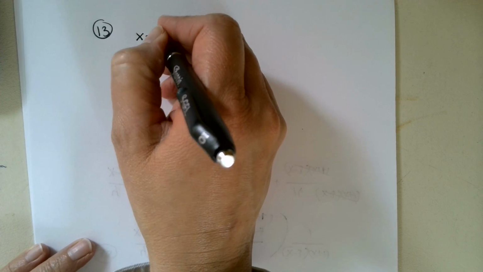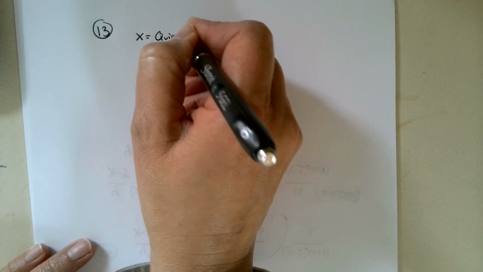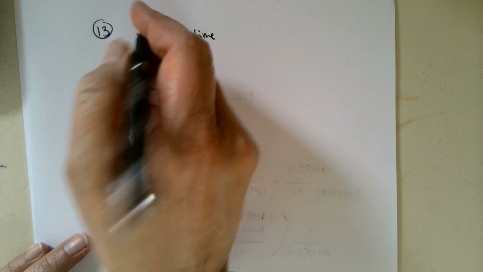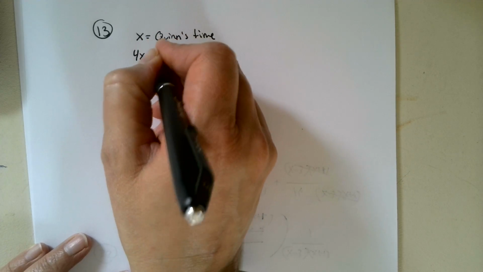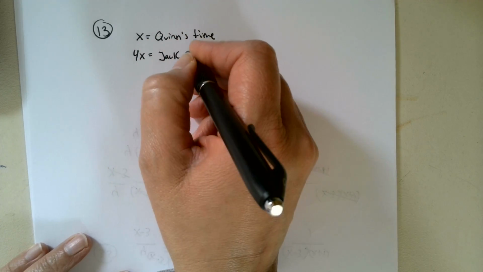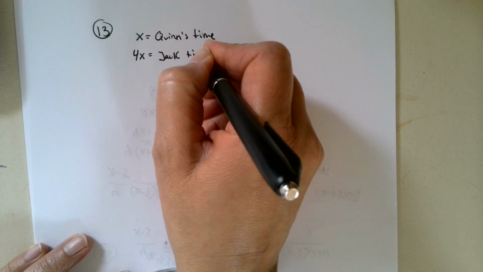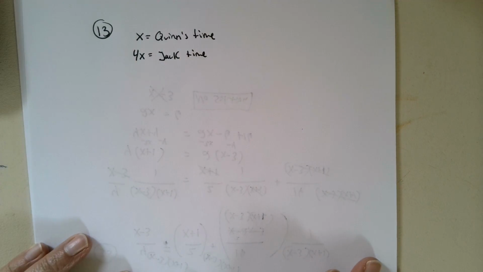So I'm going to let x be Quinn's time. And Jack, it takes him 4 times as long. So 4x would be Jack's time. All right, they have to refinish 100 square feet of flooring.